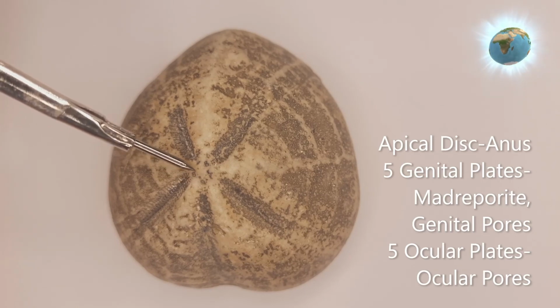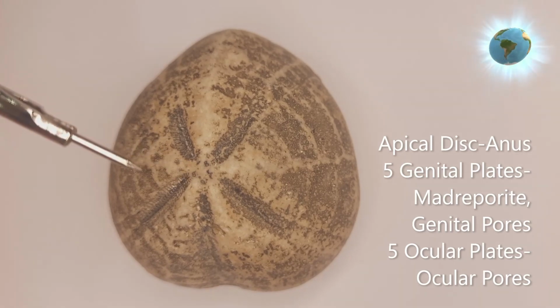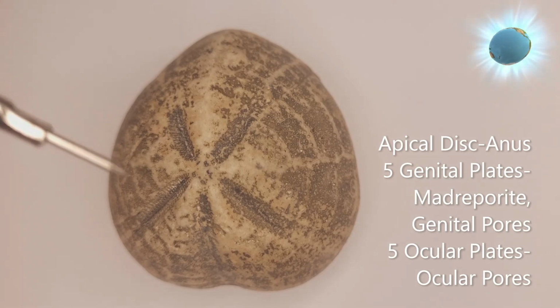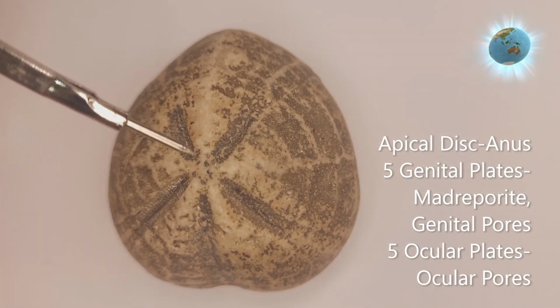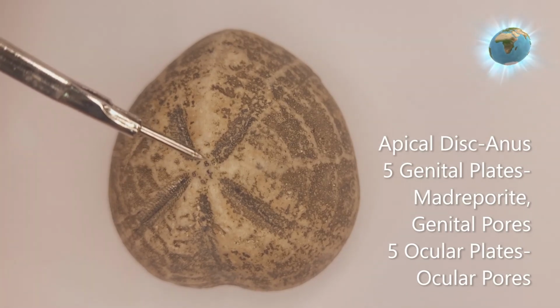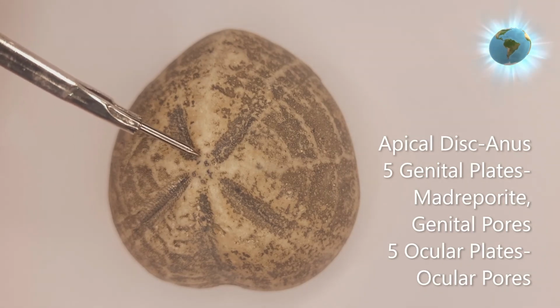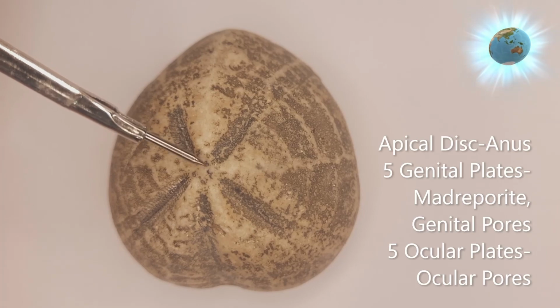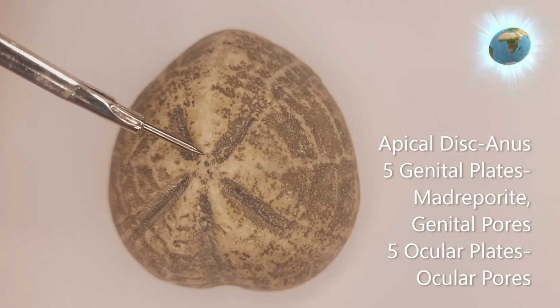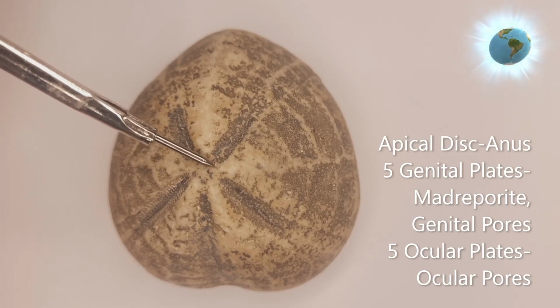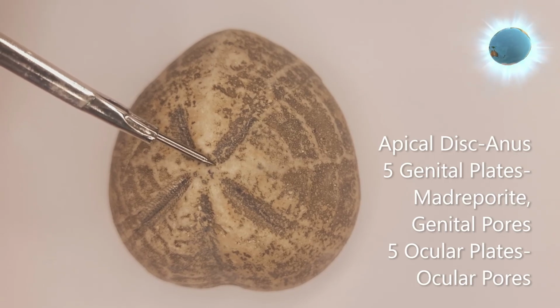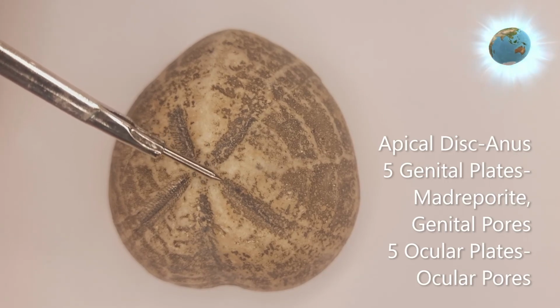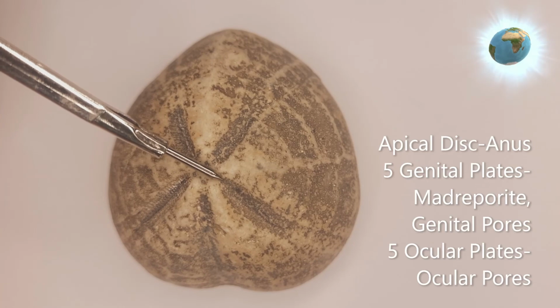Okay, and I'm going to place this pointer at the place where ocular plates will be. So between these two places of genital plates, in between these two, that is here, this is the place for an ocular plate, this is the place for an ocular plate.